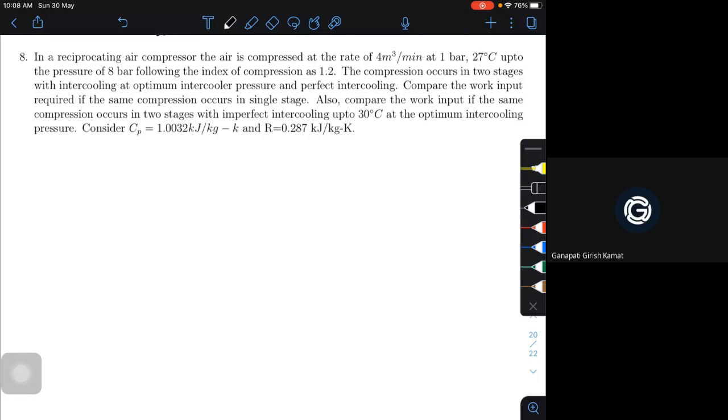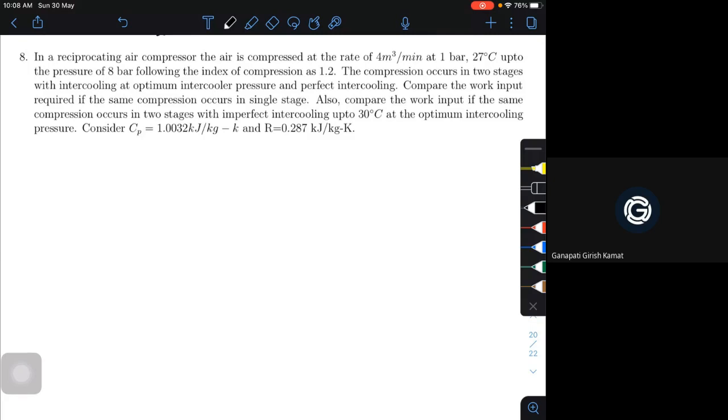The compression occurs in two stages with intercooling at optimum intercooler pressure and perfect intercooling. Compare the work input required if the same compression occurs in single stage. Also, compare the work input if the same compression occurs in two stages with imperfect cooling up to 30 degrees Celsius at the optimum intercooling pressure.